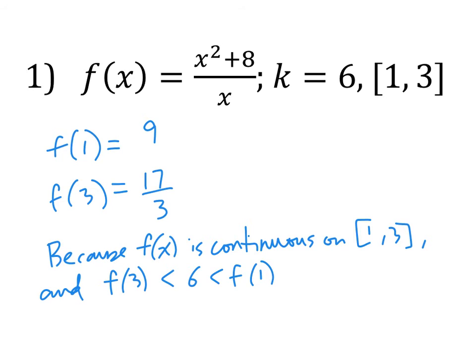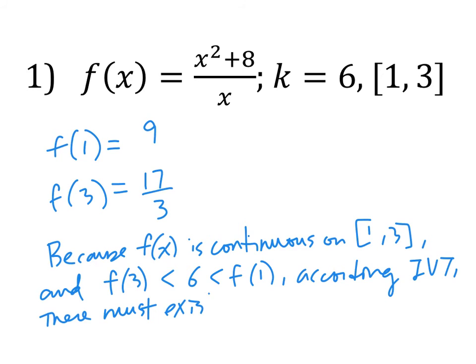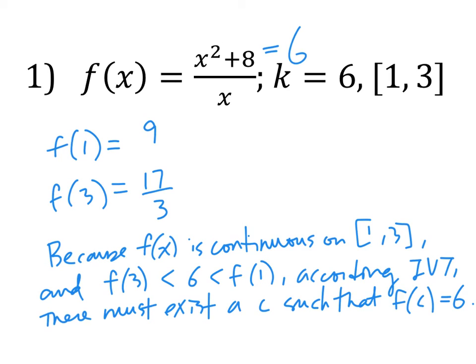Please write your inequality correctly. According to IVT, there must exist a c such that f of c is 6. Correct. So if you do want to figure out what number is going to equal 6, make this equal 6 and solve. Right? There is a way to solve it, which you learned before.